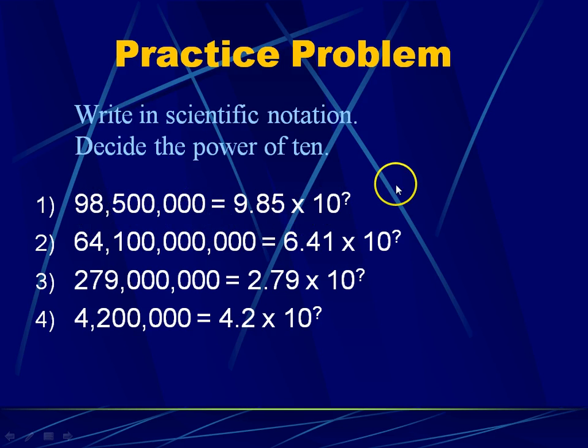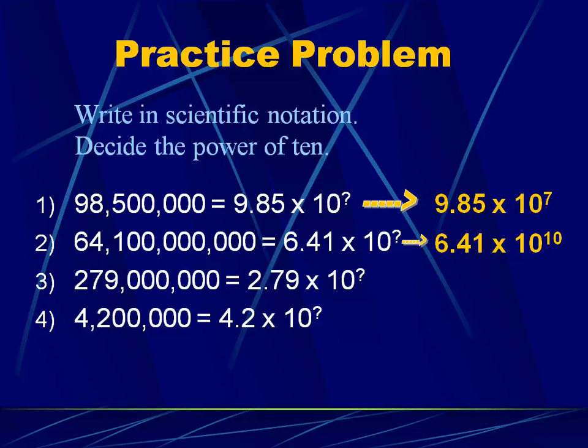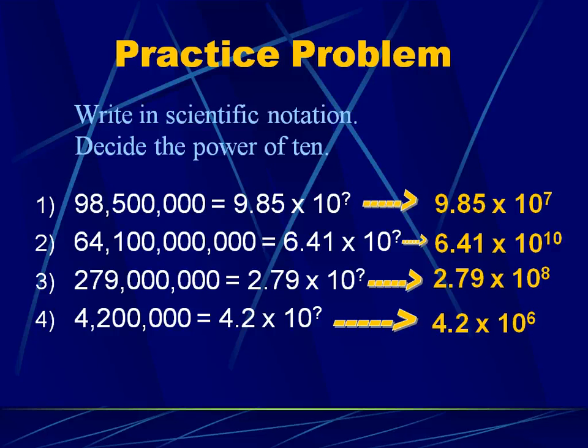So 98,500,000 becomes 9.85 times 10 to the... If you said 7, you were correct. 64,100,000,000 becomes 6.41 times 10 to the... if you said 10 to the 10th, you're correct. 279 million becomes 2.79 times 10 to the... if you said eighth, you are a genius of scientific notation. 4,200,000 becomes 4.2 times 10 to the... that's right, 6th. You're so smart.